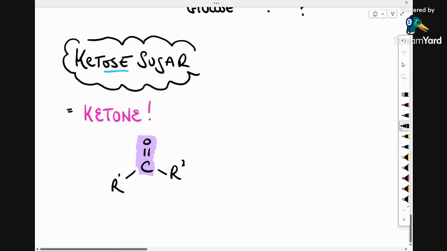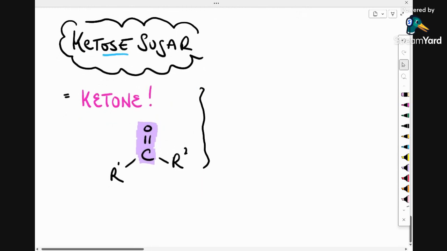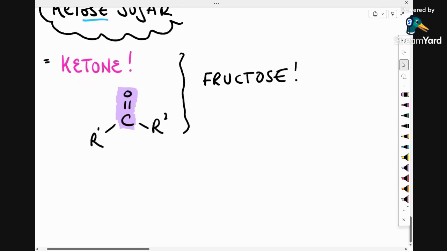I will tell you now that the example you need for this, and I'm not going to draw it out, we'll see it later, is fructose. Fructose is, unlike glucose, it's a ketose sugar. It's got a ketone functional group, does not have an aldehyde functional group. So this is absolutely a ketose sugar.